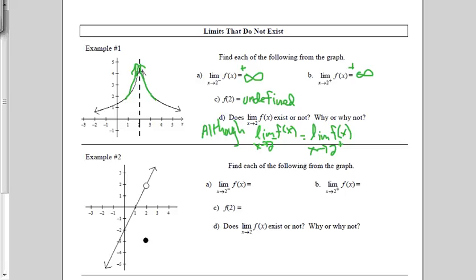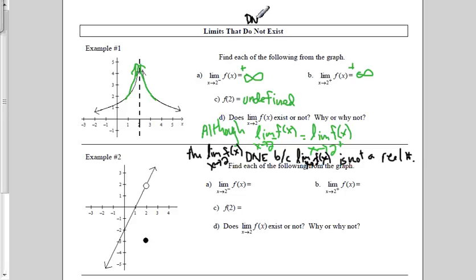Let me write that down again: positive infinity is not a real number, so therefore the limit does not exist. The limit of f of x as x approaches 2 is DNE, our shortcut for does not exist, because it is not a real number. Again, we knew the answer didn't exist because this whole section is about limits that do not exist, at least we think they don't exist.